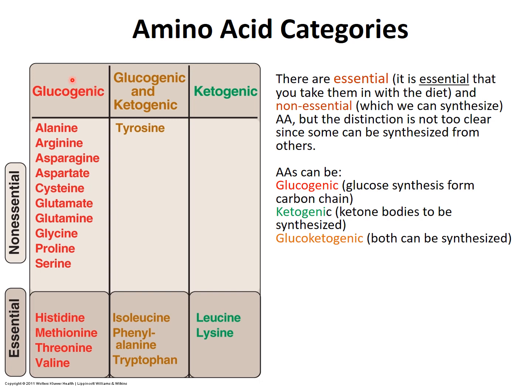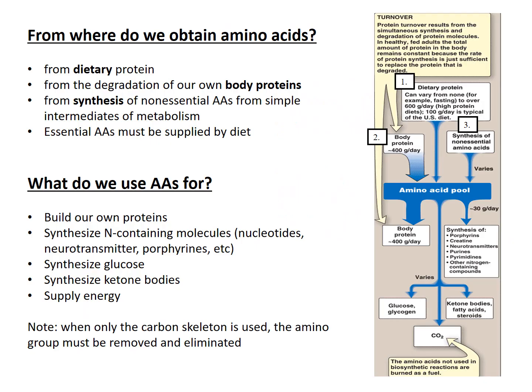The carbon chain of glucogenic amino acids can be used to produce glucose in the liver; ketogenic, again in the liver, to produce ketone bodies; and glucoketogenic means that one part of the R chain of the amino acid can be used for glucose production and part can be used for ketone production. I will go into details a little bit later.